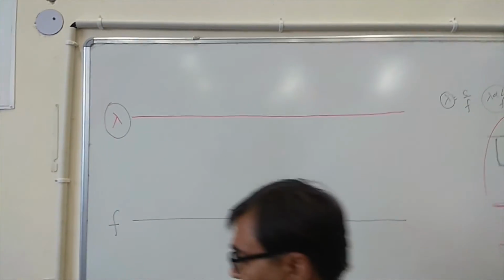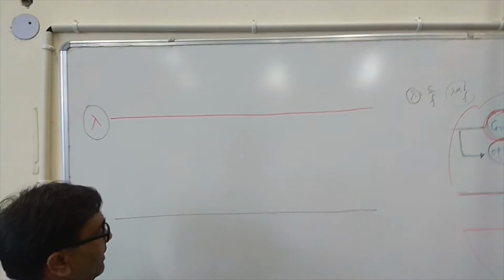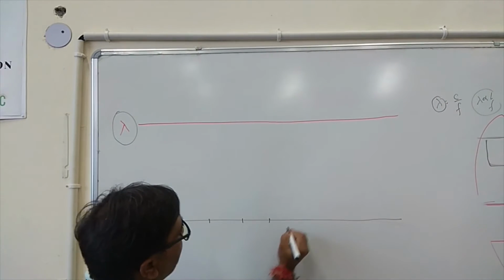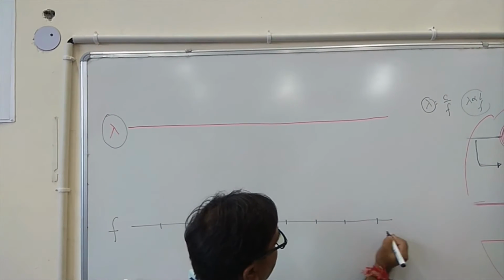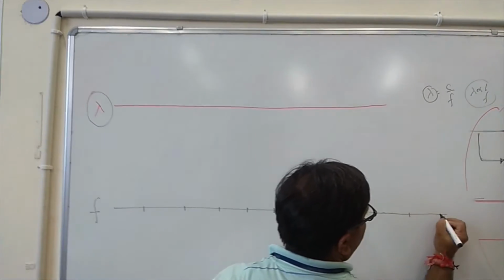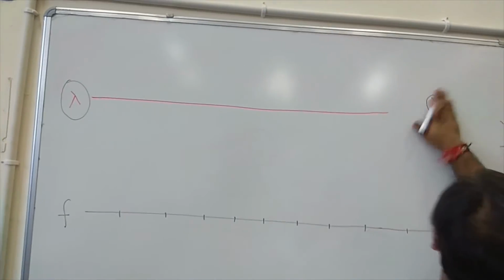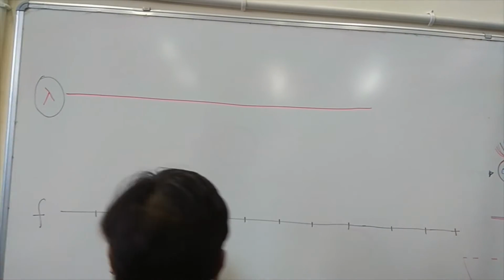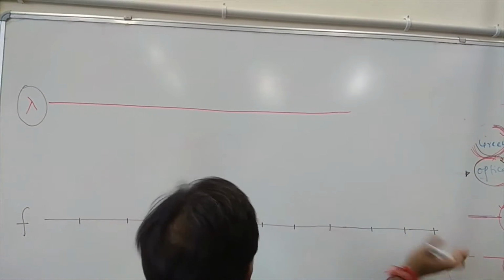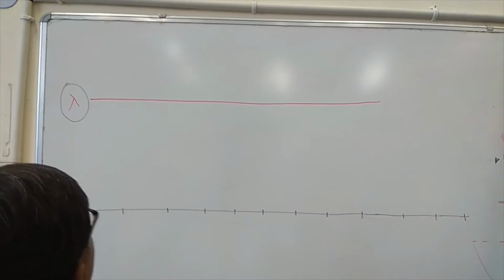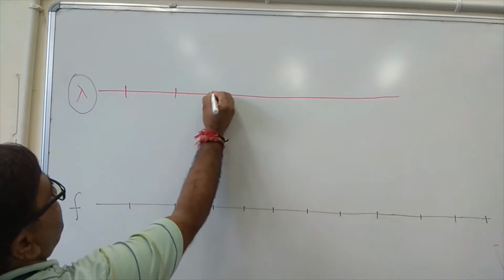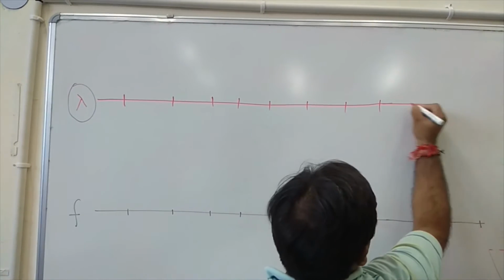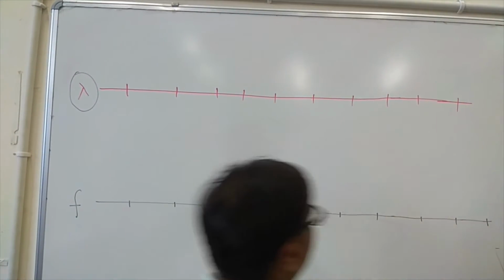So I will plot this spectrum for larger frequency. Let us mark 1, 2, 3, 4, 5, 6, 7, 8, 9, 10 for now, and we can extend later.